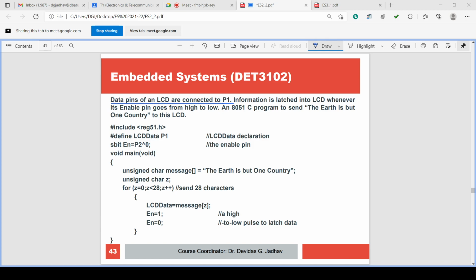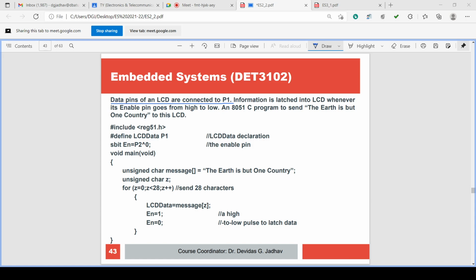Small ABCD text, capital ABCD text, 1, 2, 3, 4 text, brackets, curly bracket, square bracket, round bracket or parenthesis, numbers, plus sign, minus sign. Space you can also display.